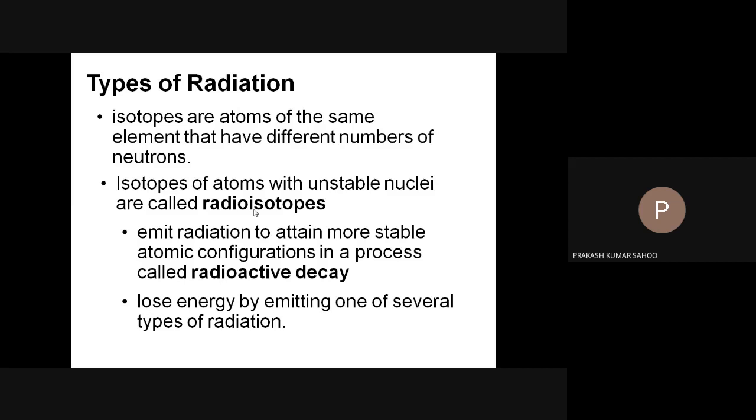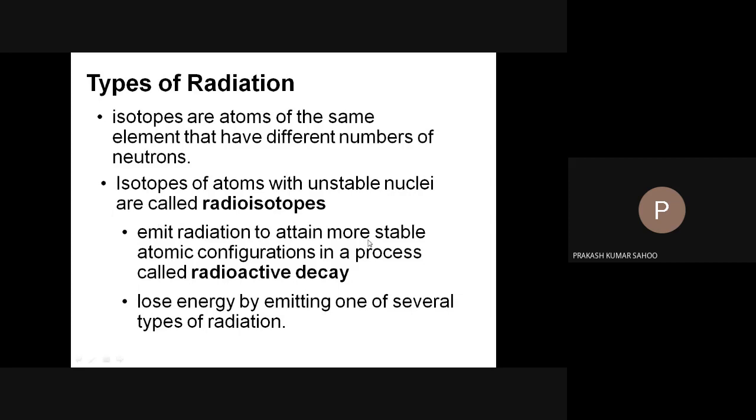When isotopes are unstable, these are called radioisotopes. Like carbon, carbon has three isotopes: C-12, C-13, and C-14. And between these three, C-14 is the most radioactive because this isotope is very unstable.